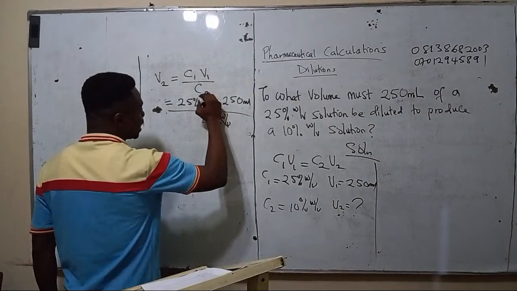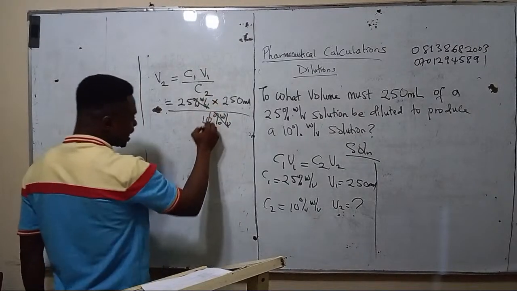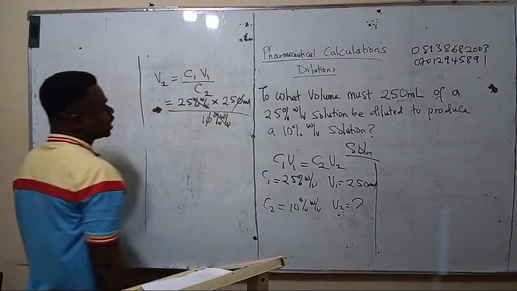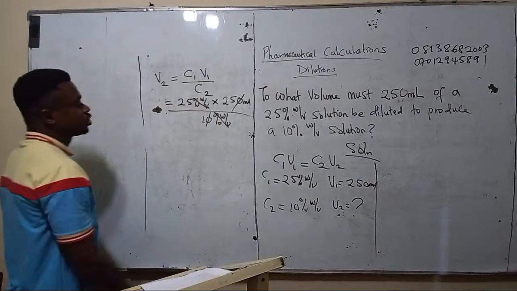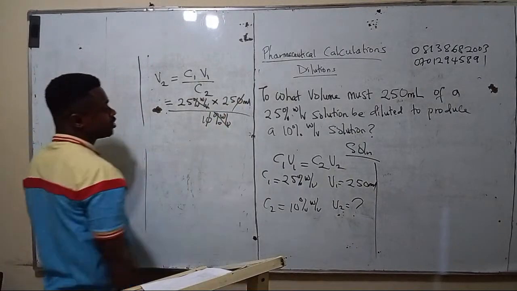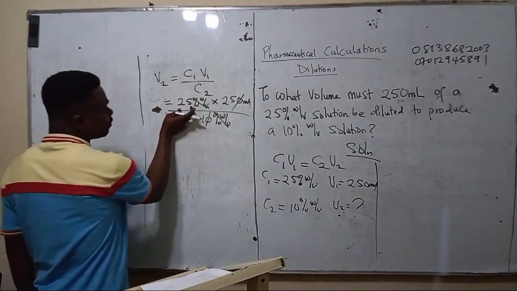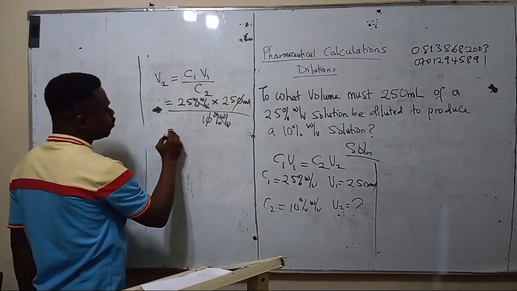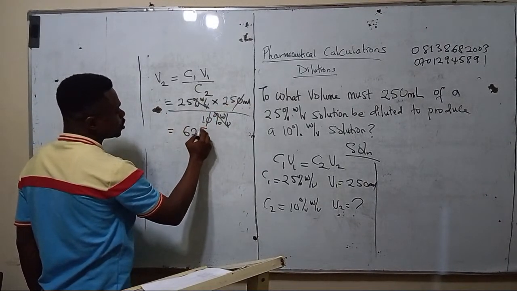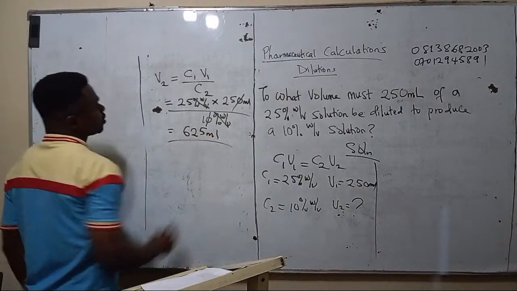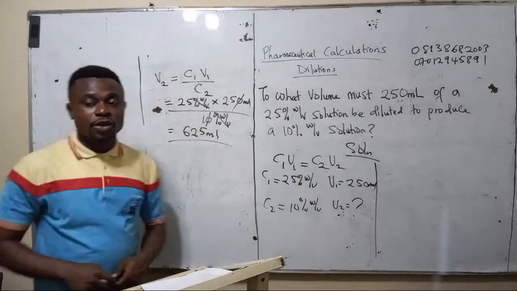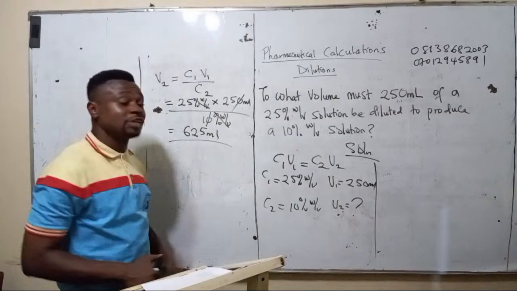Percent weight in volume will cancel percent weight in volume. This 10 here will divide, we cancel this 0 with this 0. We are left with 25 times 25 mil, which is 625 mil. So the final volume is 625 mil.